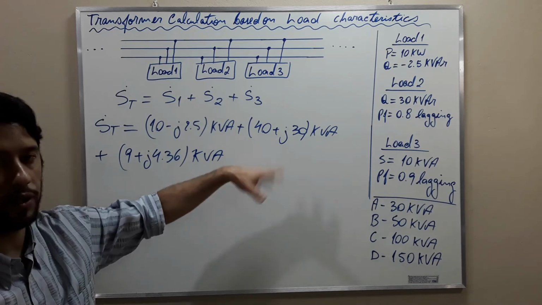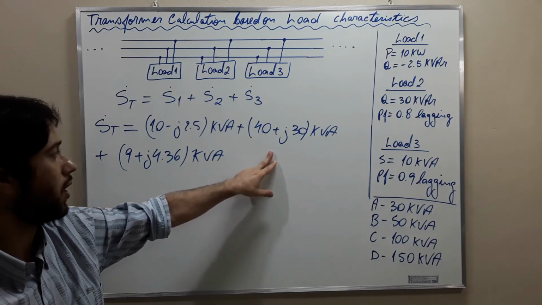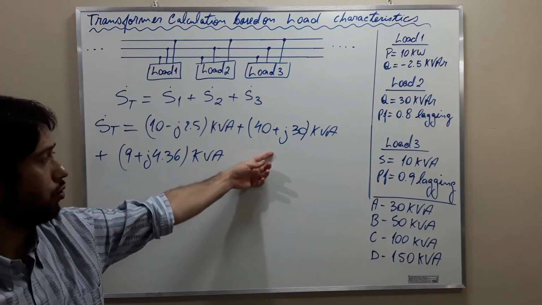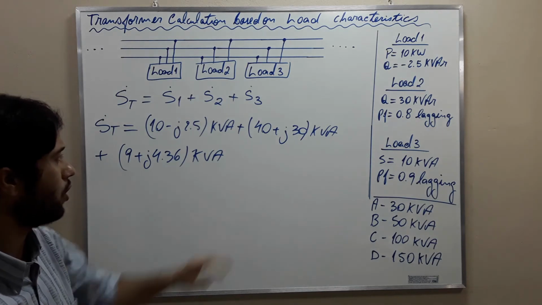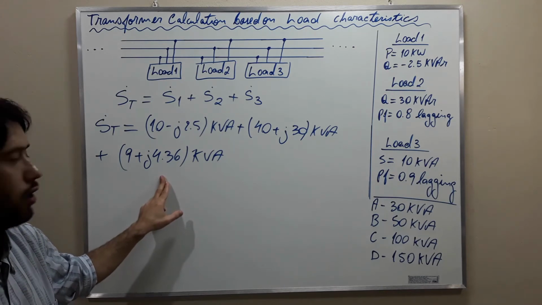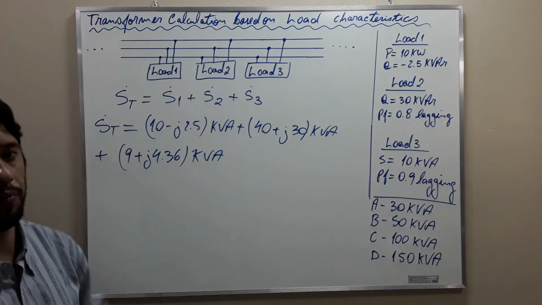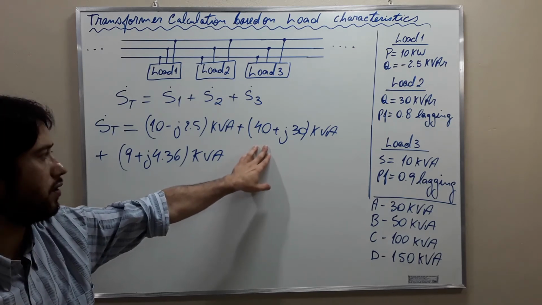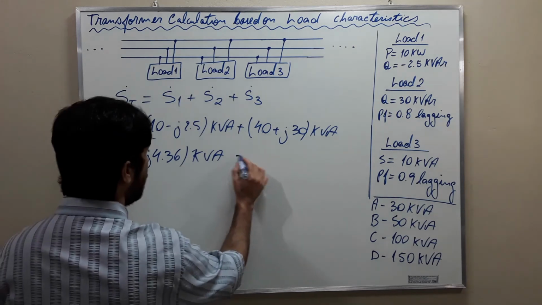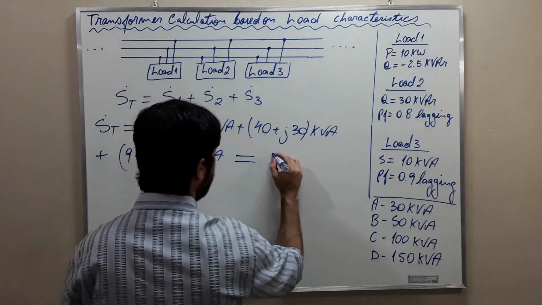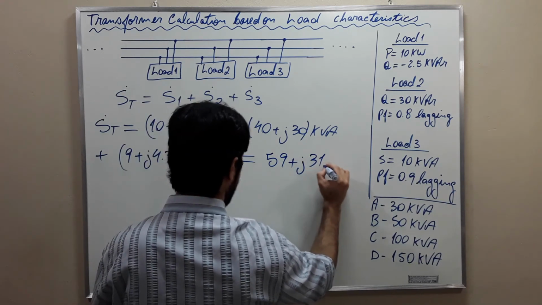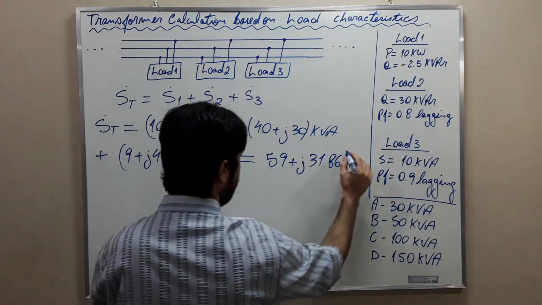You can simply conduct some algebraic manipulations to transform from the polar form to the Cartesian form here. We found the polar form for load 2 and for load 3. Just conduct these algebraic manipulations and you are going to get these results here. Now we are going to find that it is equal to 59 plus j31.86 kVA.